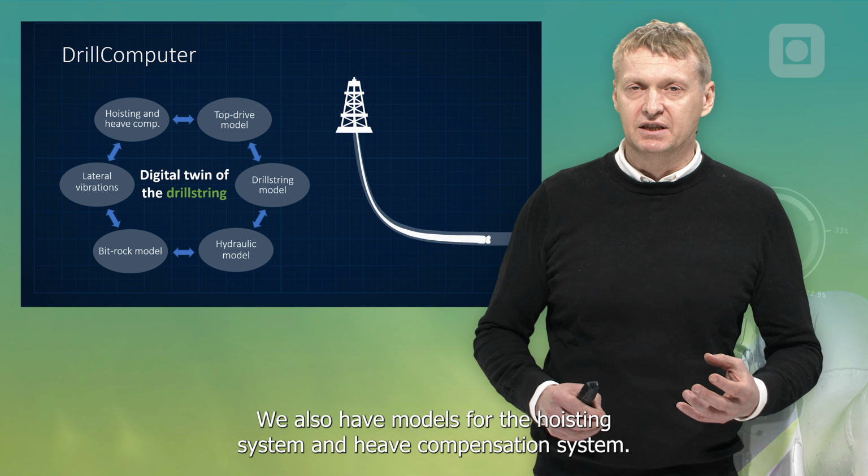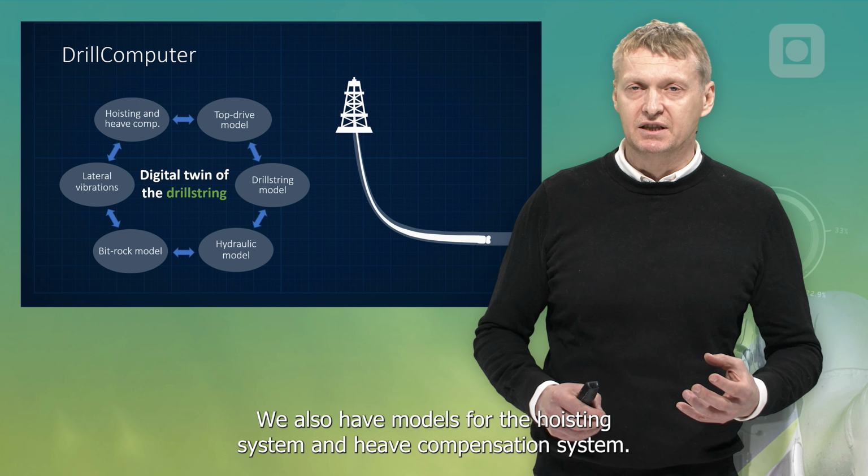Let me explain a little bit more about the technology. The input is basically the surface parameters, usually, and also the drill string, and we treat the rock strength as unknown, and also the friction in the hole as unknown, and also the hole quality. What we do is make many simulations with different parameter settings of the unknowns.